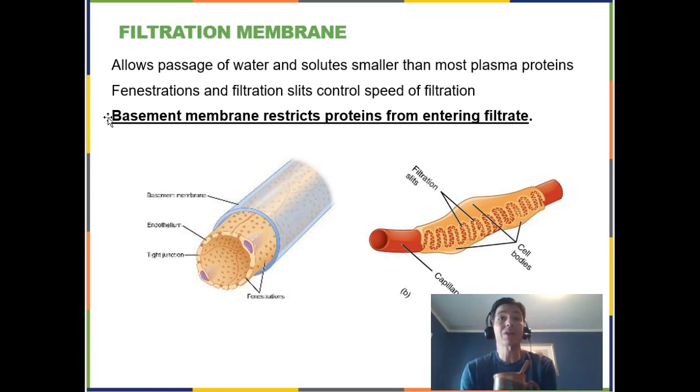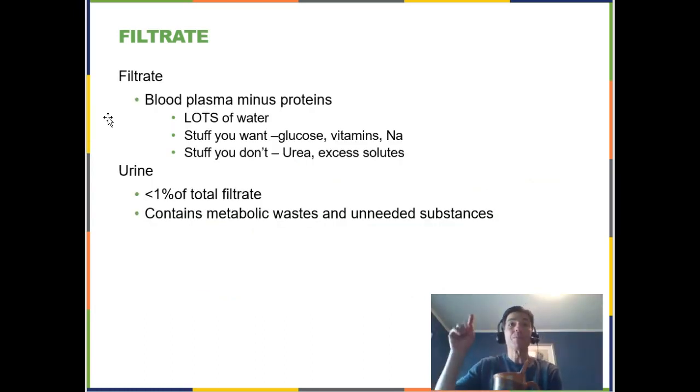So anything smaller than a protein will leak out of the glomerulus or out of the capillaries and into the nephron. That is what is going to form the filtrate. So this means that the filtrate, what is ultimately going to become urine, contains basically anything that you might find in the plasma minus the proteins.